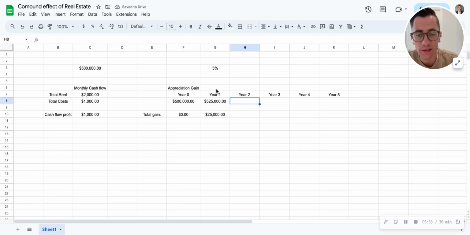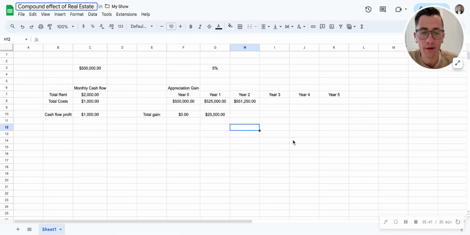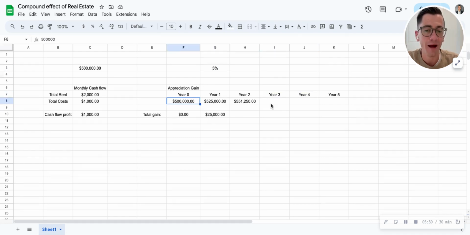Okay, so year 2, same thing. It goes up, right? But now, this is the whole compound effect, right? It doesn't just take that 5% from the first year every year. It's 5% of what it's worth the previous year.